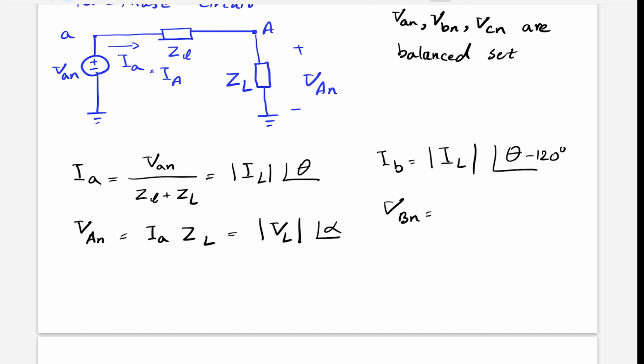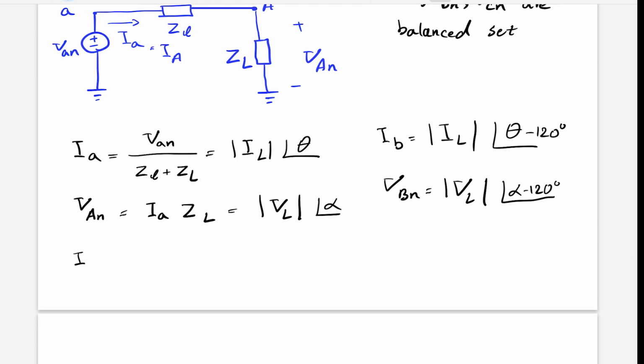VBN also will have the same magnitude, but minus 120 degrees in the clockwise direction. And likewise, IC will be IL at angle theta, going another 120 degrees in the minus direction, or we can go plus 120 degrees. And this is VCN.